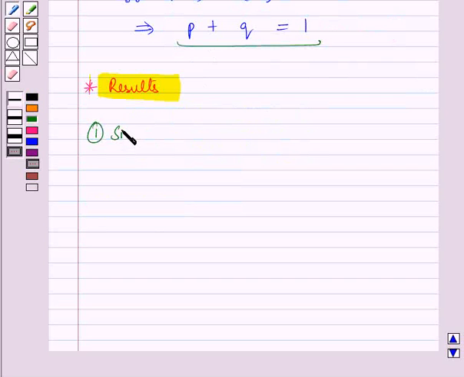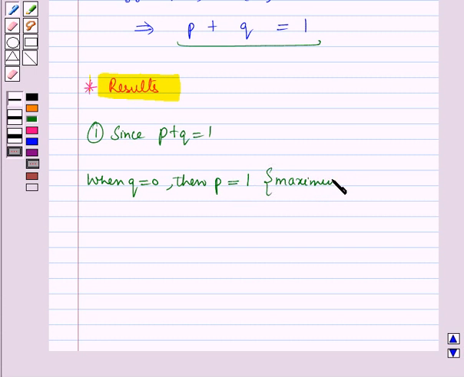First, since we have P plus Q is equal to 1, when Q is equal to 0, that is, when the probability of failure of an event is 0, then the probability of happening of the event will be equal to 1, that is, the probability of happening of an event will be maximum.